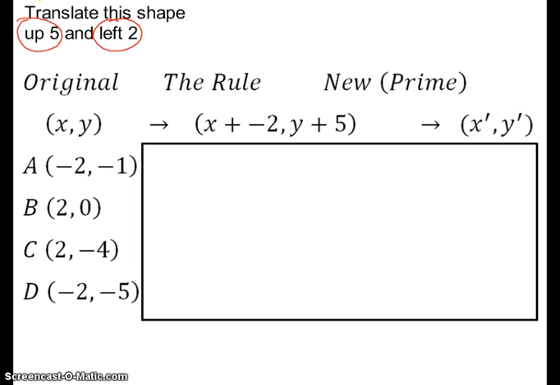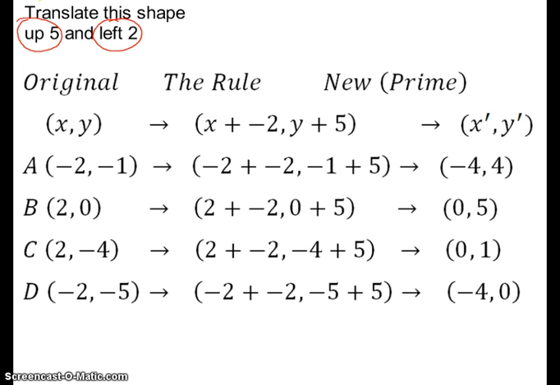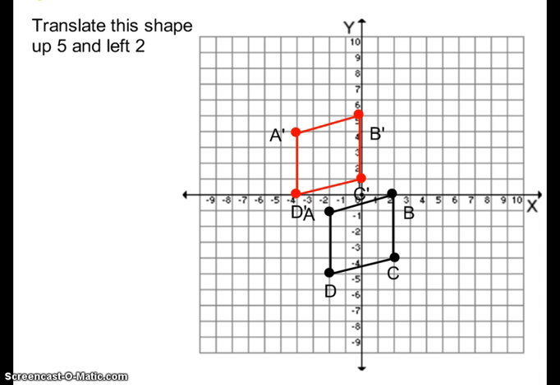From here, I'm going to apply the rule. I'm going to pause this video for a minute, and I'm going to ask you to go ahead and apply the rule on your own. This is what your chart should look like. How did you do? There's what my graph should look like. Remember, make sure that you are using the correct labels for your vertices.